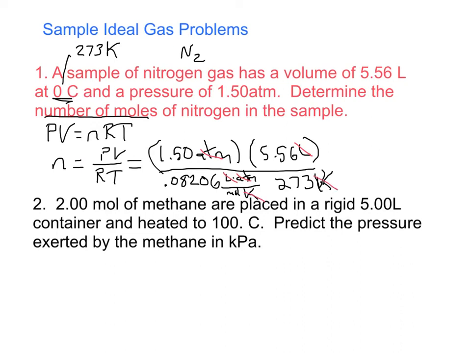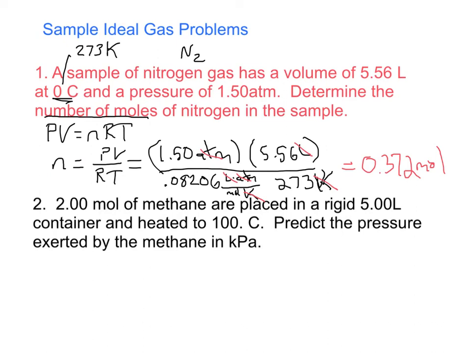So you have reciprocal moles on the bottom, which gives you moles as the unit, and that's the way it should work out. The only unit left is the unit we want on our answer. And it comes out to be 0.372 moles.